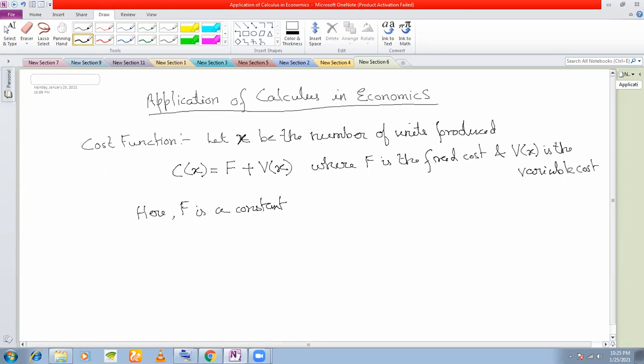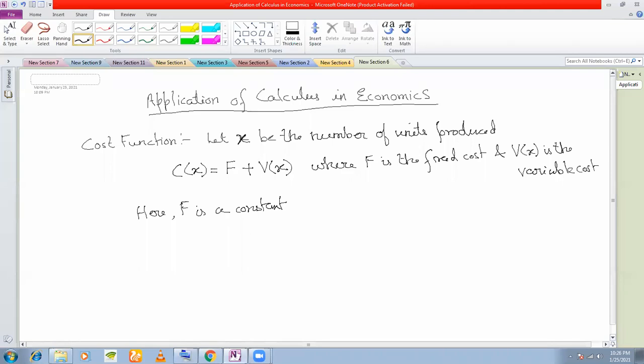Now, variable cost is that cost which depends on how many units you are producing. For example, you have the labor, and if you are producing 1000 units of goods, you will have a certain cost because you pay the labor according to the number of units they manufacture.